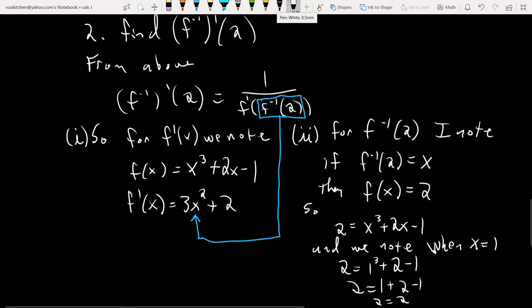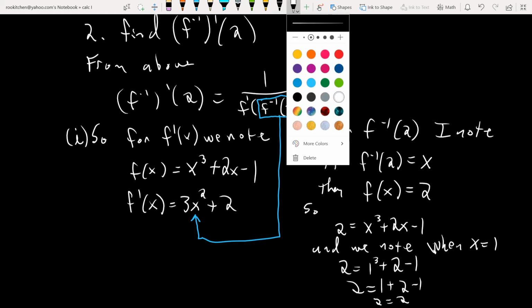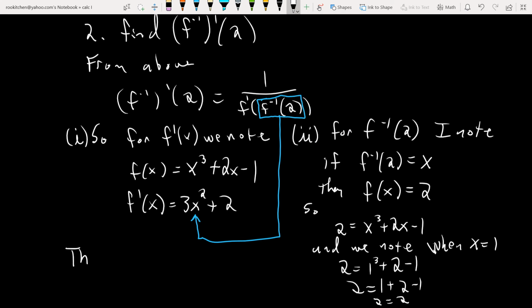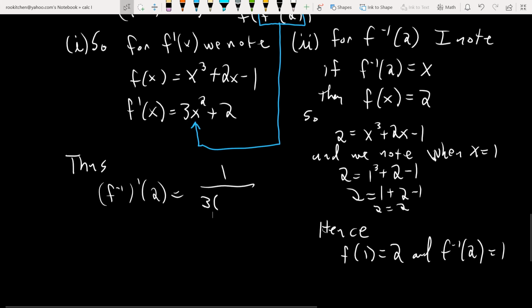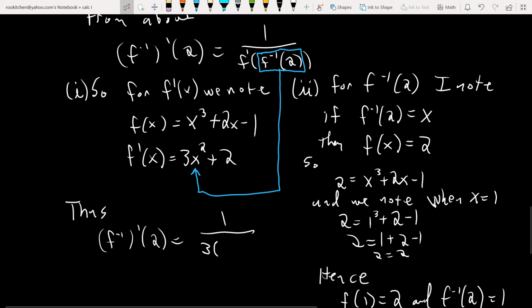So finally, after all this pedaling around, f inverse prime of 2 must be equal to 1 all over 3 times 1 squared plus 2, which equals 1 all over 5. Okay, great.